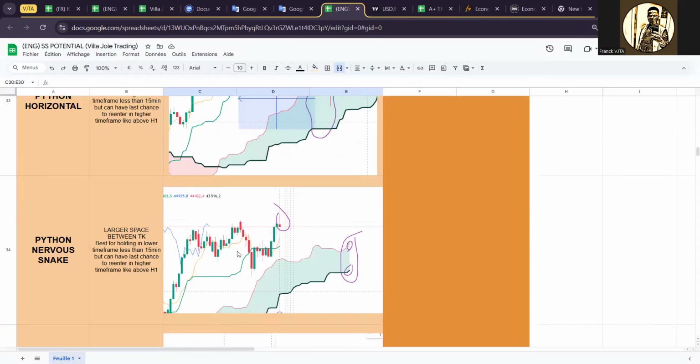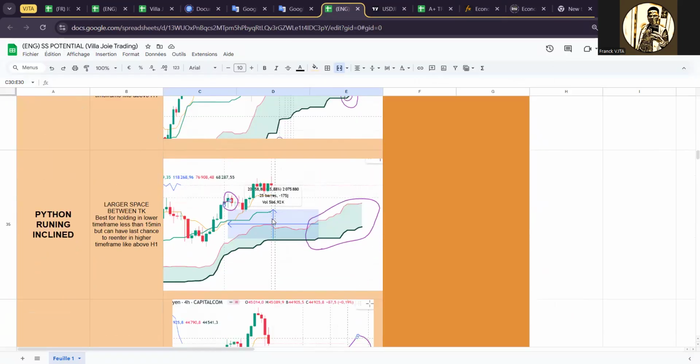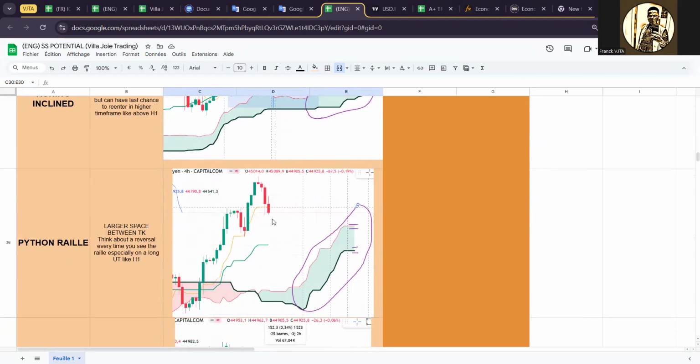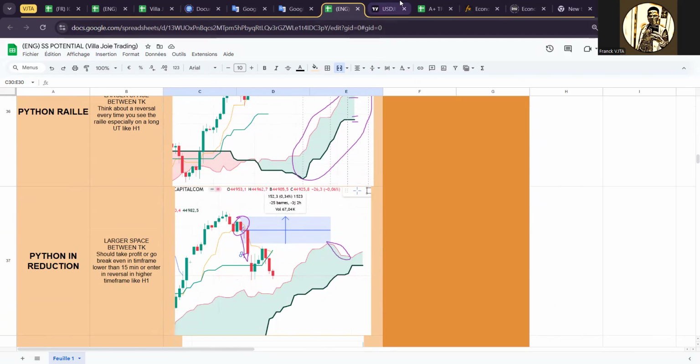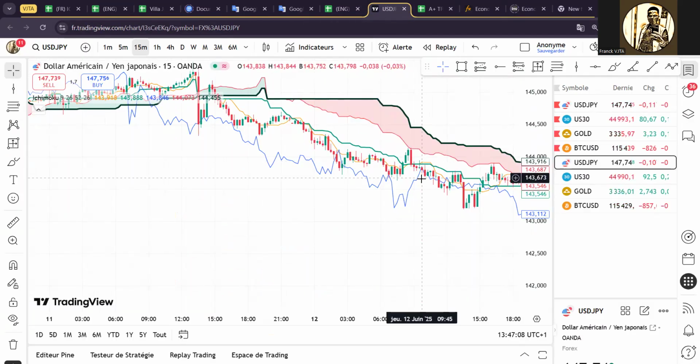All right. Now we have Python rail, Python in reduction. Okay.